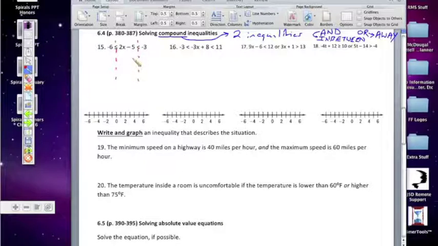Okay? And I have only about 4 minutes. So let's try and get through this one, and we may have to pause. 2x minus 5. Which goes first, the 5 or the 2? And how do I get rid of the 5? Add. Plus 5. What I do to one side, I also have to do to the others this time.